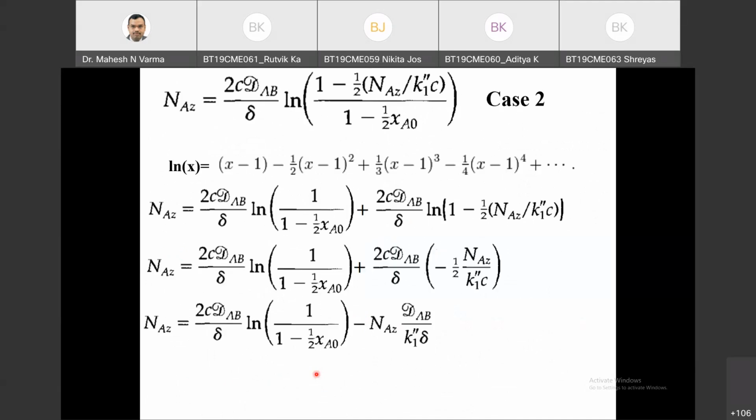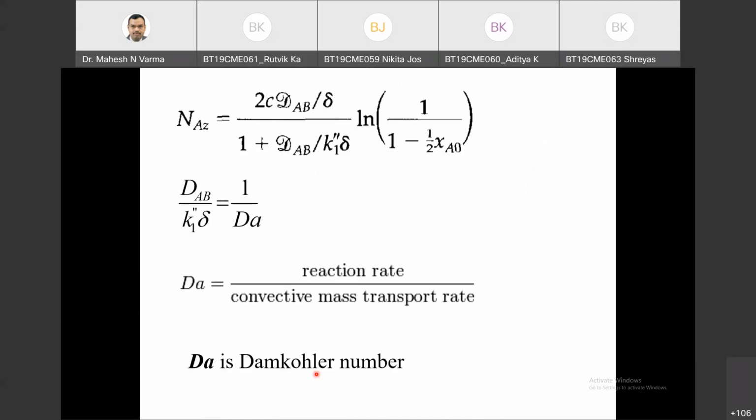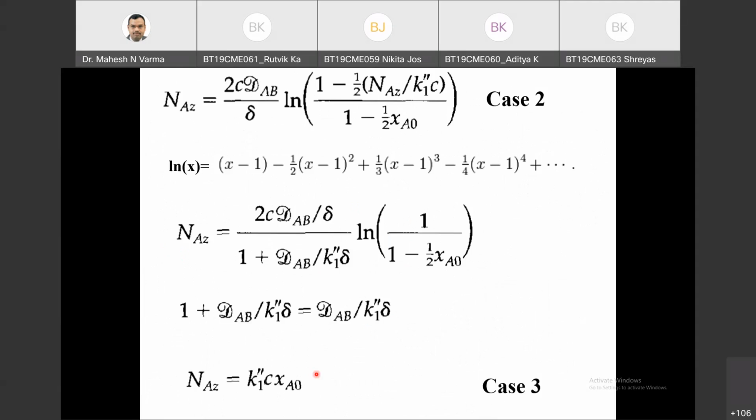So what we have discussed is first the generalized case and local rate of mass transfer. Then a special case when the reaction is very, very fast, and then when the reaction is very, very small. This again gives me a local rate of mass transfer. We can obtain it by multiplying by the surface area of the catalyst.